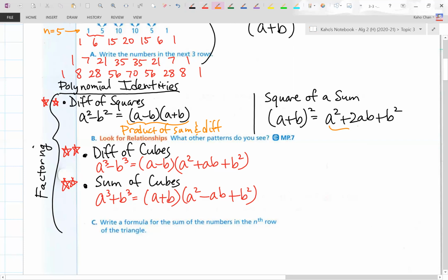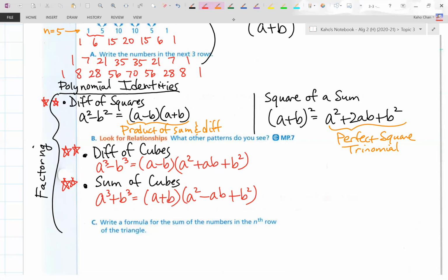This is a perfect square trinomial. Now don't freak out. I'm just reminding you of things that you've seen before. a plus b squared was literally a plus b times itself, right?